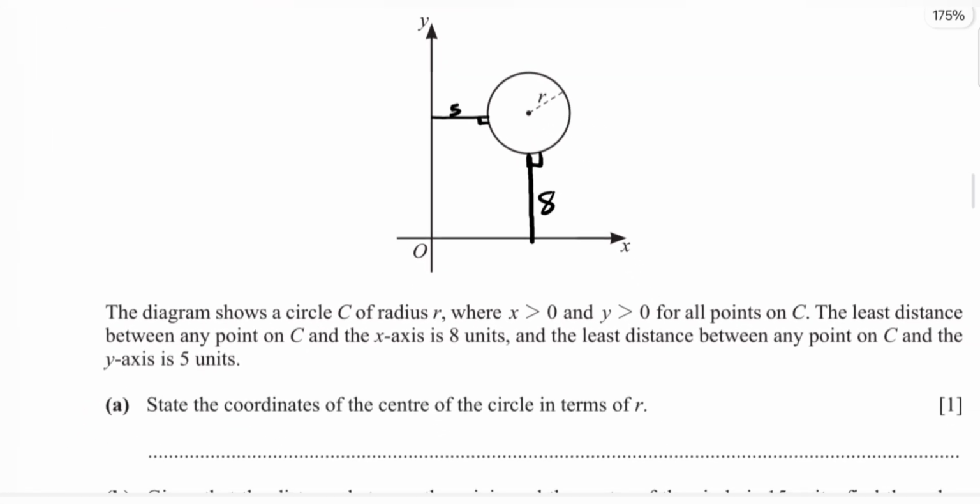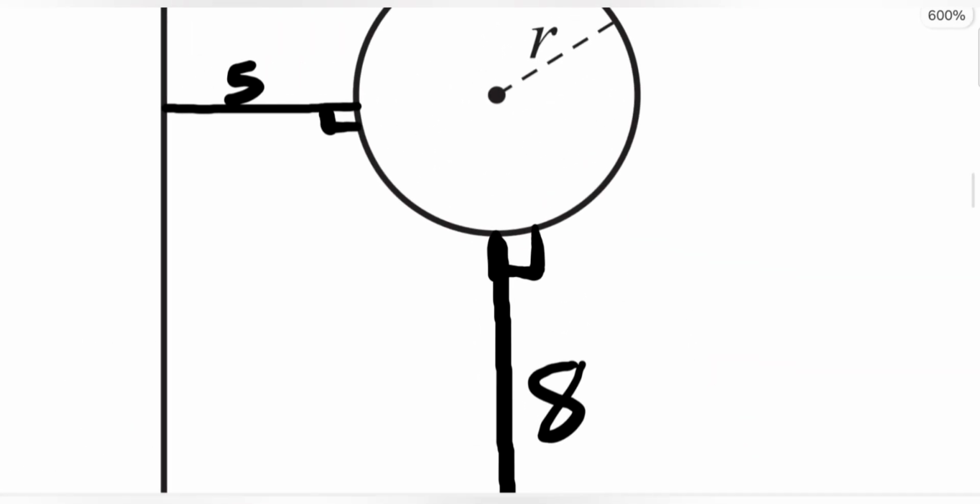And part A is saying state the coordinates of the center of the circle in terms of r, right? r is the radius of the circle, right? For 1 mark. So I might want to extend these two. If this line is hitting the circle at 90 degrees, from my observation, I think it hits the center, right?